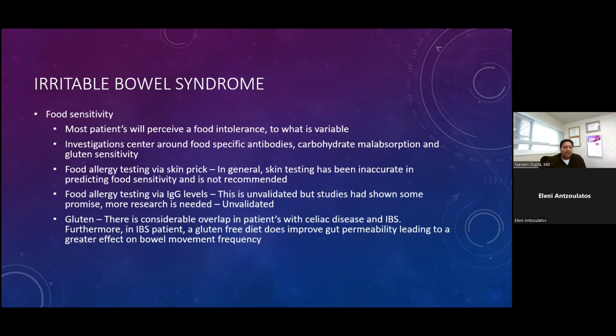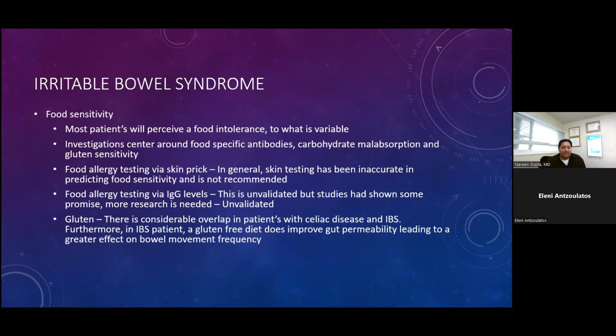Anything can be a trigger with it, but exactly what one particular item has not been met with great success. We center most of our studies on food-specific antibodies to see if that could be helpful in eliminating those foods we have antibodies against, carbohydrate malabsorption, and gluten sensitivity, all things I'm sure we've heard about, even just if you watch the TV to do.